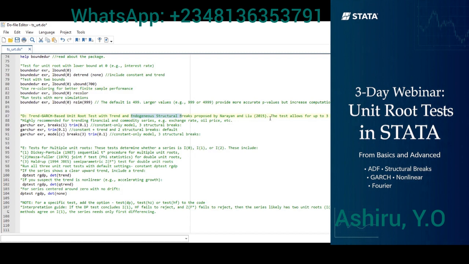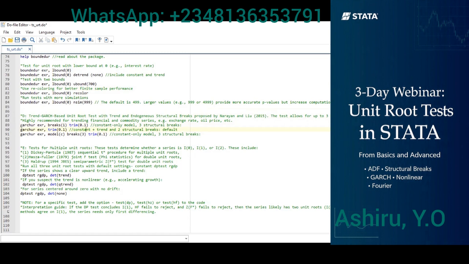Even the Zivot-Andrews test that accounts for a structural break may not explain the behavior of the series. That is why this test was developed to account for both volatility and structural breaks. So you can use this to confirm whether your energy or financial series are stationary or not.